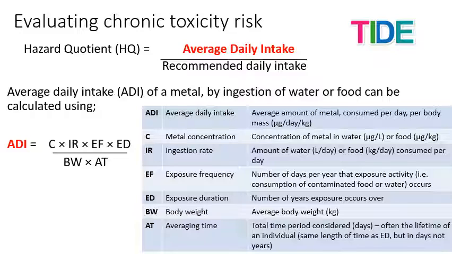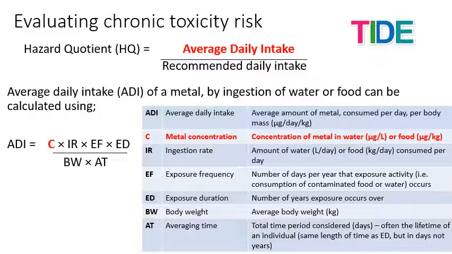You do this using the equation listed on this slide. This equation features 6 variables that must be set by the scientist conducting the risk assessment, and we'll talk now in more detail about what these variables represent.